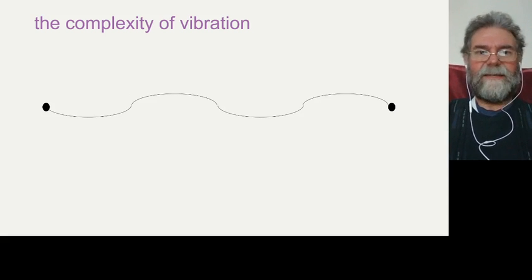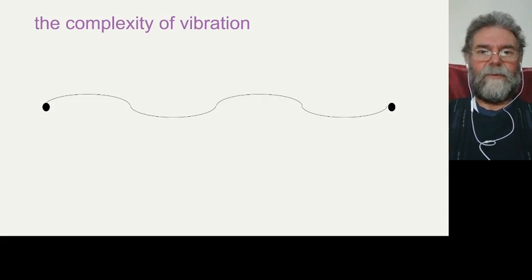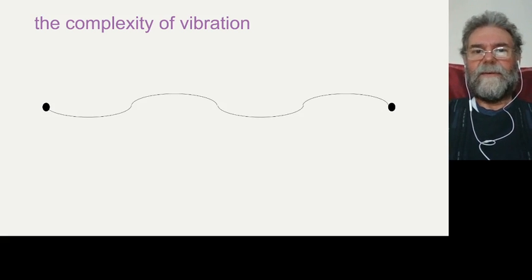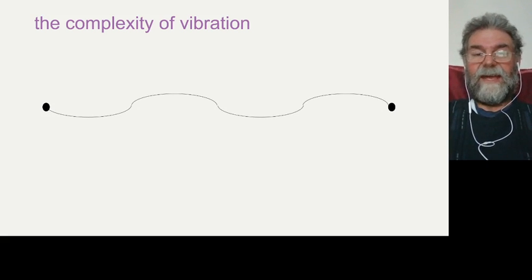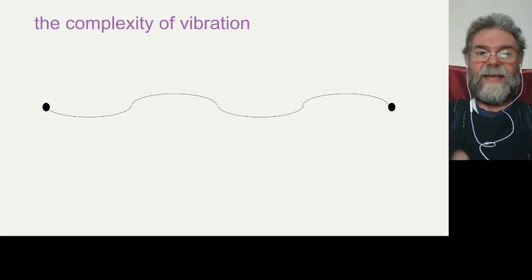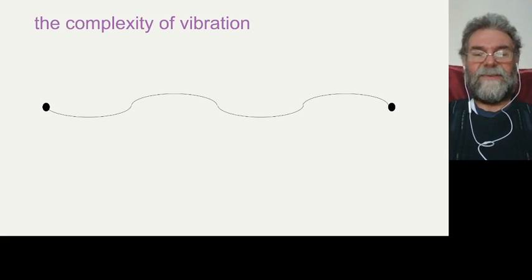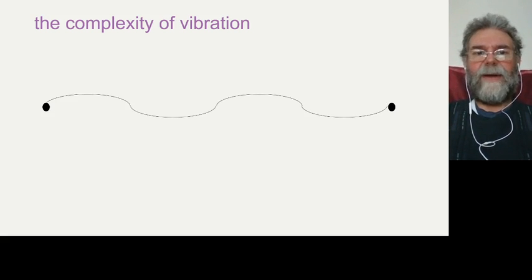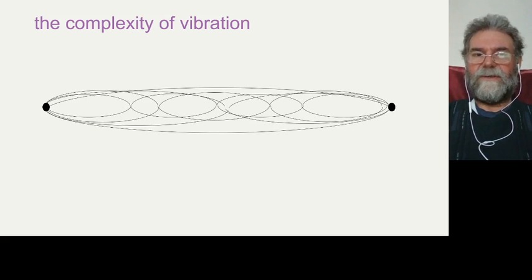And not only that, but also quarter lengths will be vibrating too, and sixths and twelfths and eighths and sixteenths. And all of these vibrations are going on at the same time, all of them producing a very complicated pattern of vibration. So your string is actually vibrating in a very complex way.